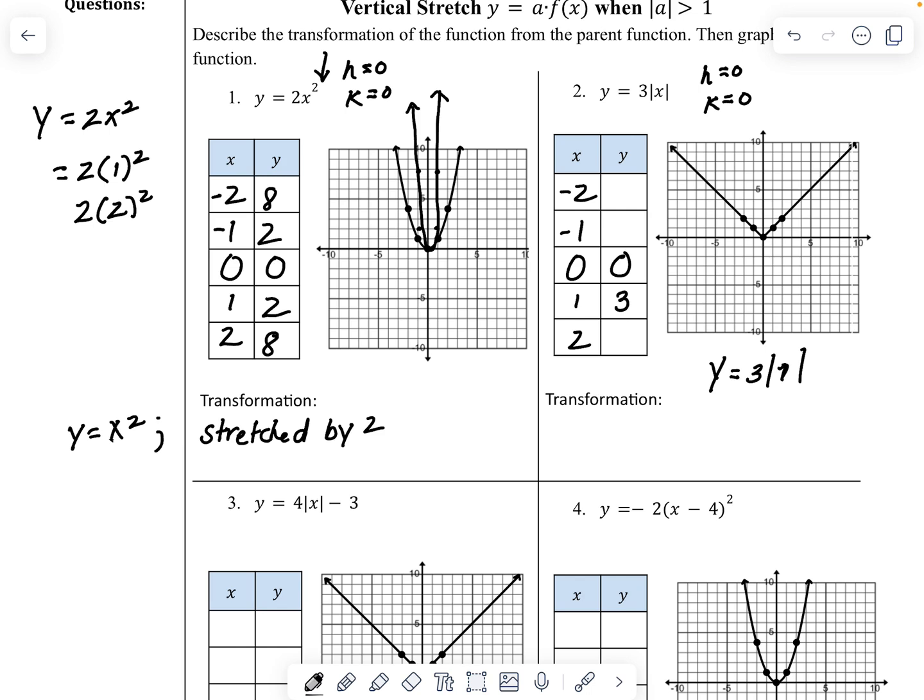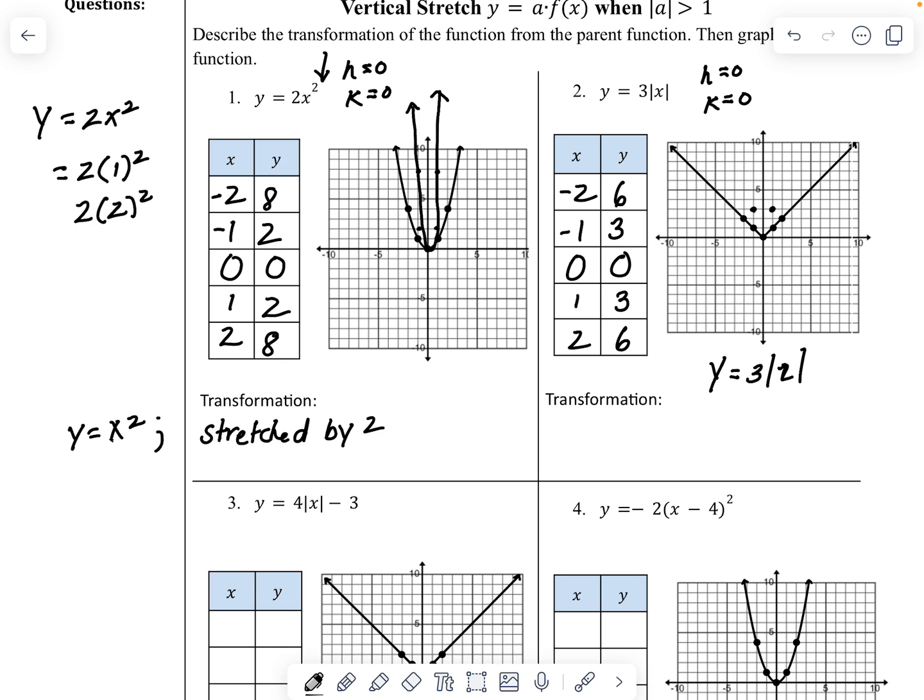What about with the absolute value of 2? We're going to end up with 6 here. Same here and same here. So our function should be moving closer to our y-axis. Our vertex stays the same, but at 1 and -1, we're going to be up at 3.